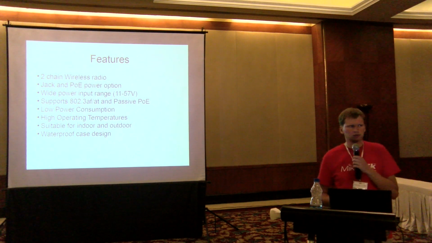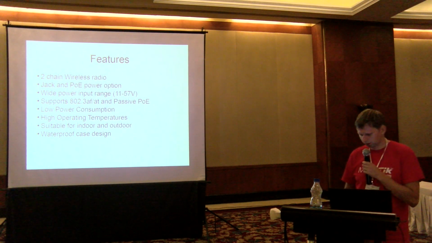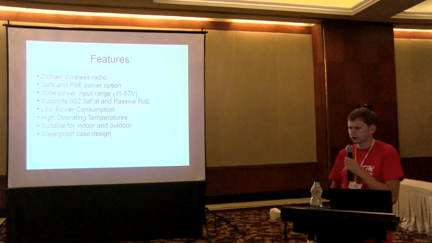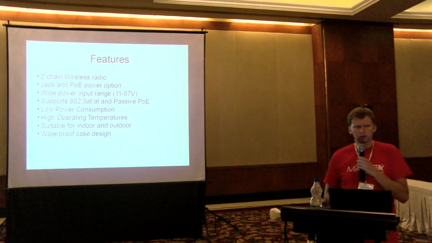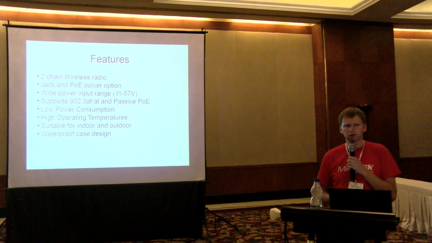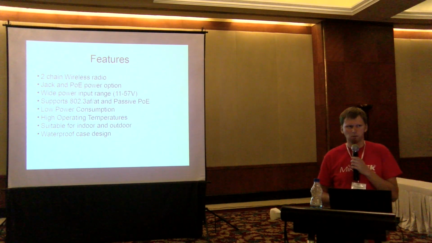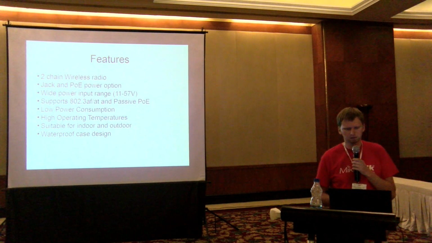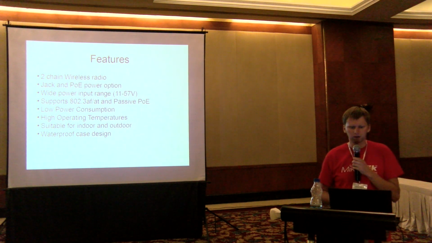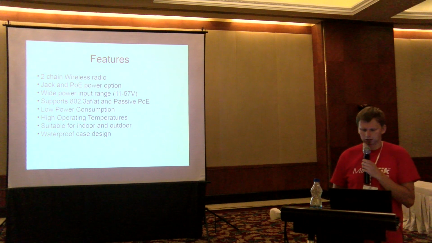So what features? What can you do with that? So here are the main features. It has a 2-chain wireless radio. It has jack and PoE power options, so you can power it from your adapter, or you can also install it in some remote location and power it by PoE. Also, it supports a wide input voltage range from 11 to 57 volts.